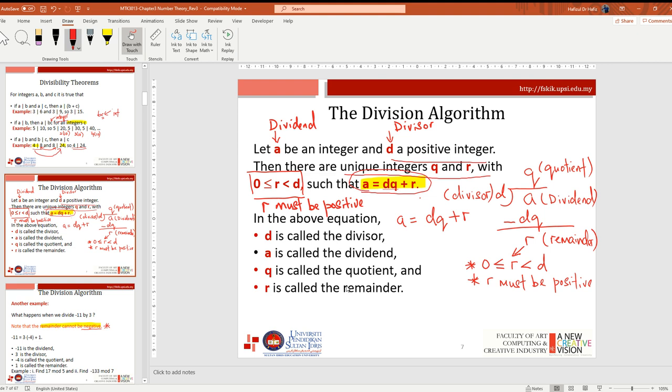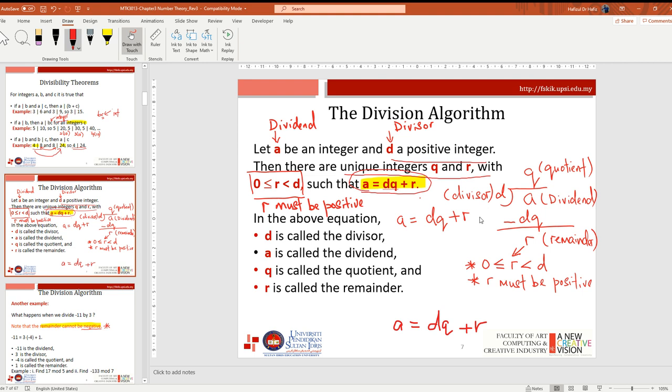the division algorithm. Okay, D is called the divisor. A is called the dividend, Q is called the quotient, and R is called the remainder. Okay, the dividend A is equal to the divisor D multiplied by the quotient Q plus R. Later we see this one.